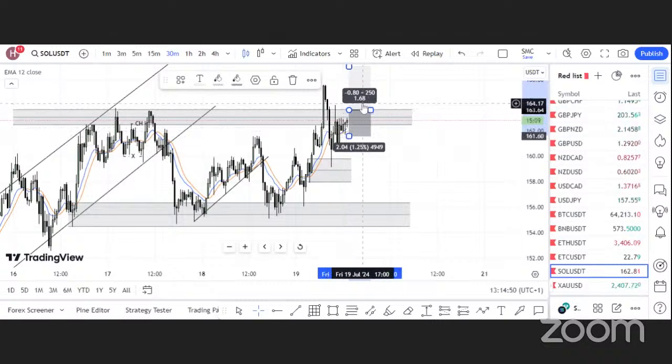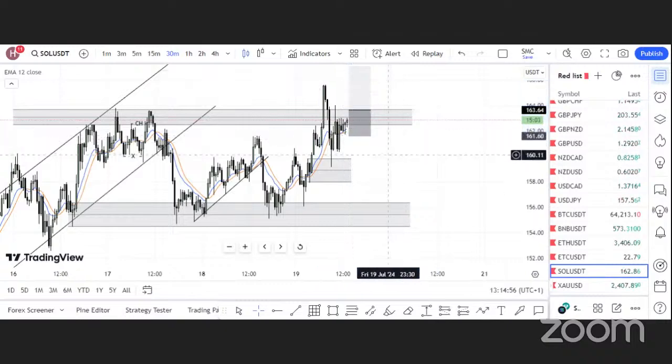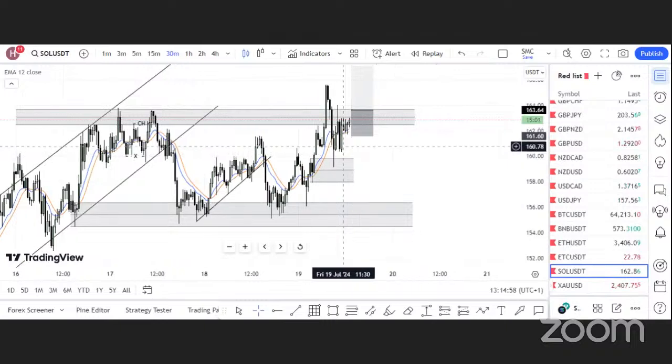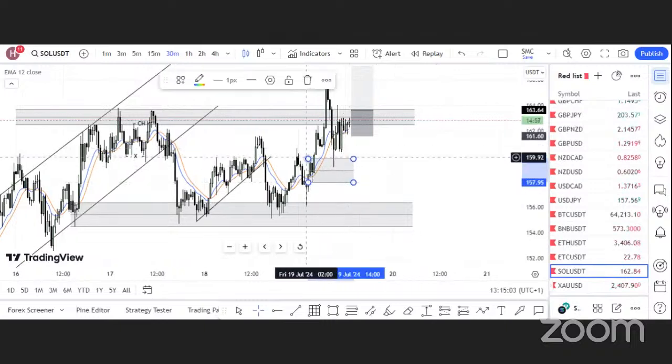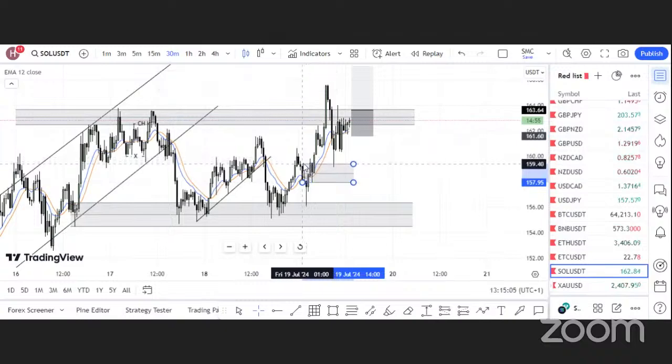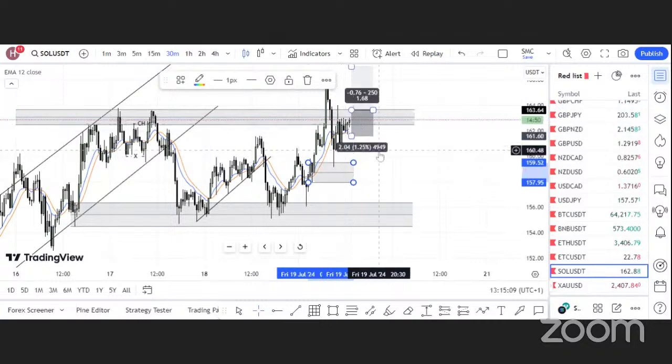So this will be my entry, and this level right here will be my stop loss level. All right, but I'm going to wait for the market to give me the go ahead. Okay, I'm going to wait until there's a break of structure around this area.